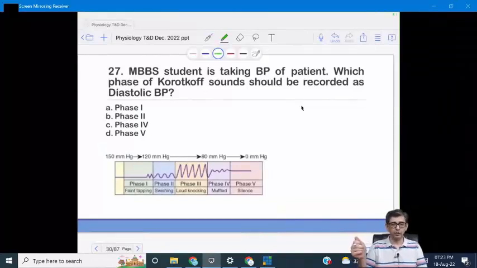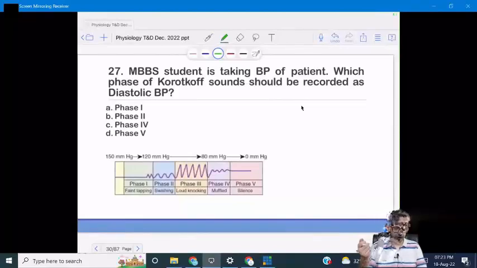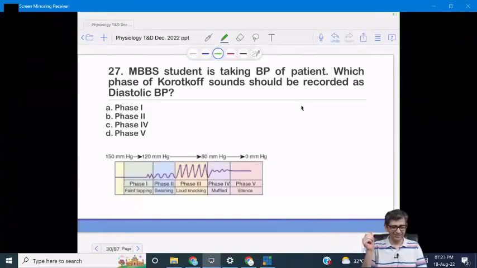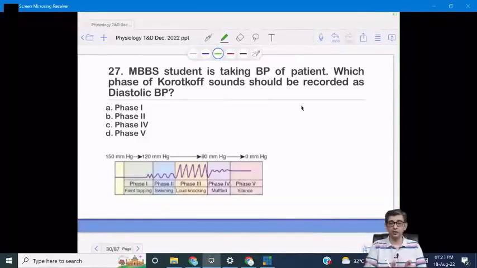Coming to 27, a student is taking blood pressure of a patient. Whenever you are recording the BP of a patient and checking with the stethoscope, you can hear some sounds which are called Korotkoff sounds. So when should we take Korotkoff sounds into consideration?